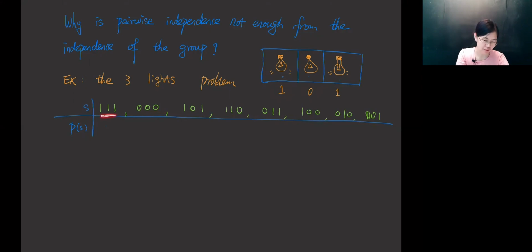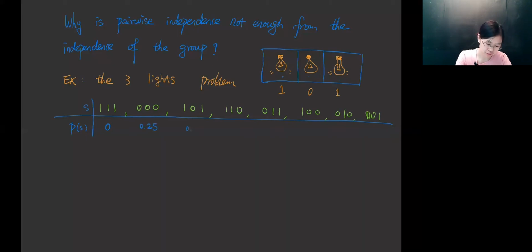So that's all of them on, all of them off, 2 of them on, 1 of them on. Now consider the probability measure that gives the following probability to each outcome. That's P of 1, 1, 1 equals 0. So it's not possible for all to be on. And 0.25 for all of them to be off.